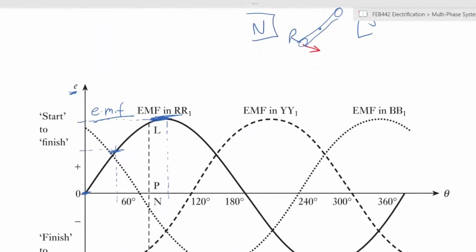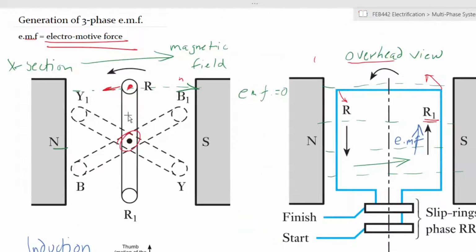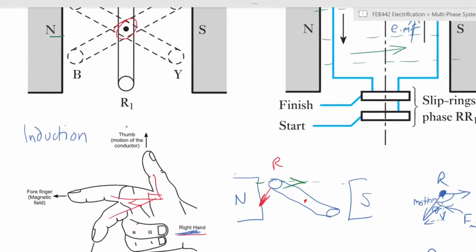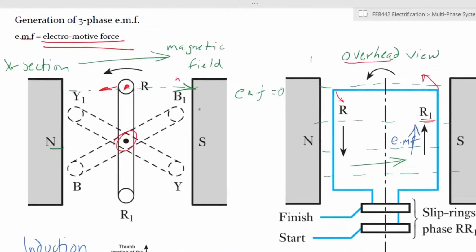And the reason now why we have 3 sets of curves is because if you are to have 3 current carrying conductors mounted on the same axis as we have shown here, and they are rotated around that axis at the same speed, but they are 120 degrees apart from each other, they will interact with the magnetic field in the same way that we have illustrated.